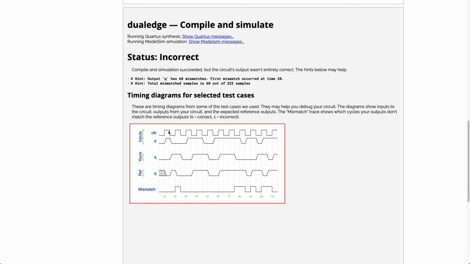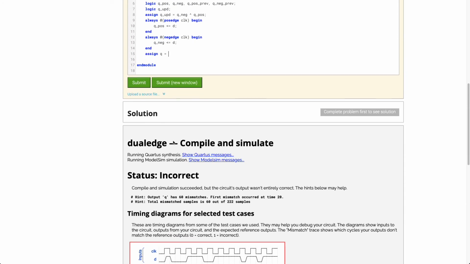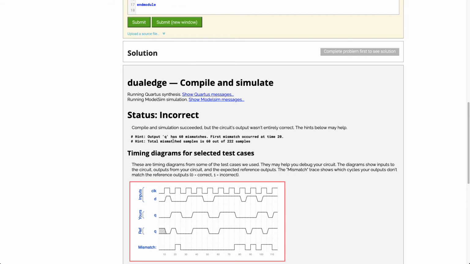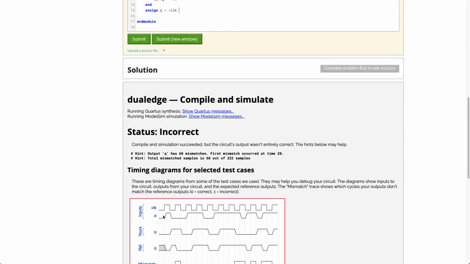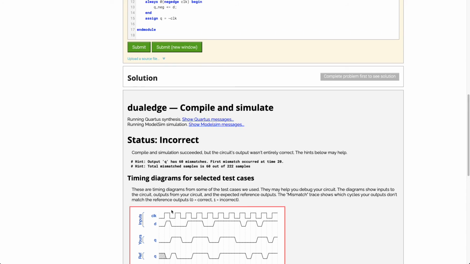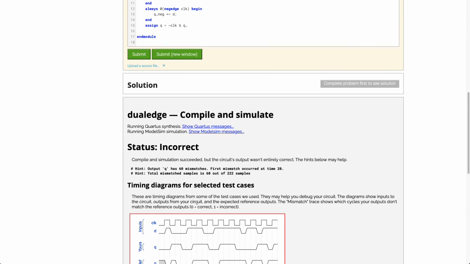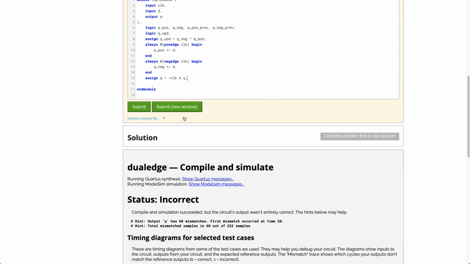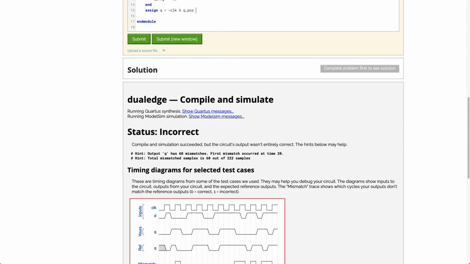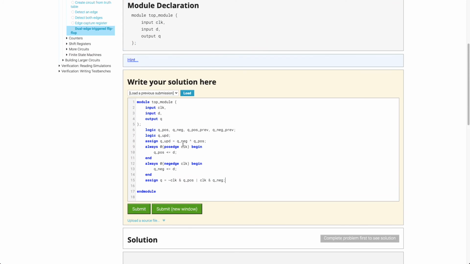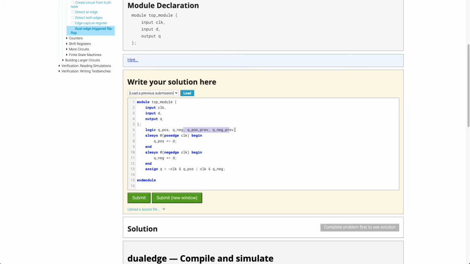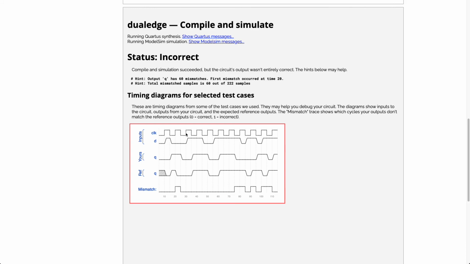Then at the next edge, I need to update Q. So for example, if this is 0, I'll need to get Q pos, Q neg. And then I don't even need this. So then either of these are up to date. When I have a pos edge, I know Q pos is the most up to date. So when the clock is deasserted, I will just take the pos edge.